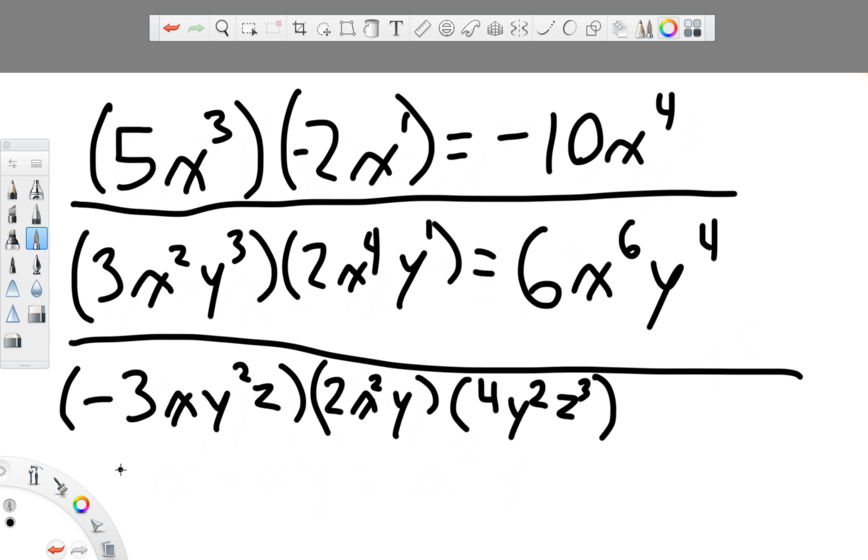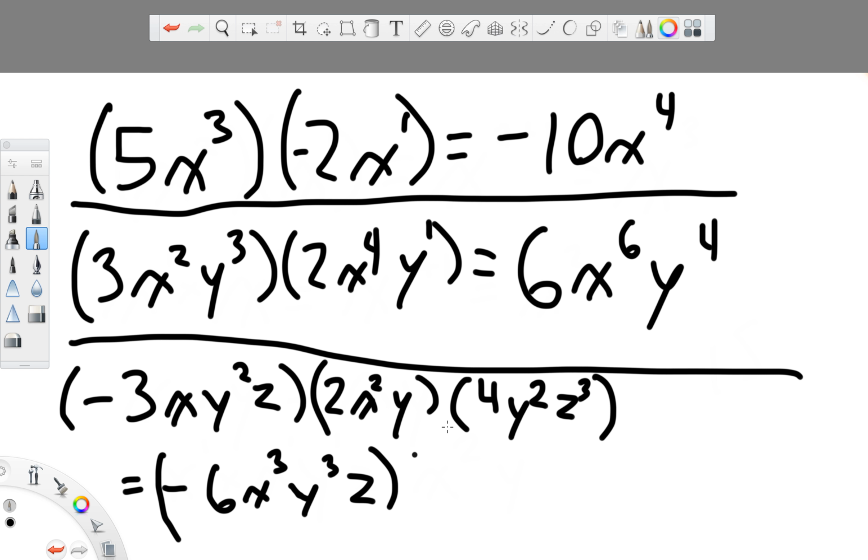This one's definitely longer, so we'll do it in parts. We'll do the first two together, following BEDMAS, the first multiplication. So negative 3 times 2 is negative 6. Then we have x multiplied by x squared. This is the power 1, so 1 plus 2 is 3. And we have y squared multiplied by y, so 2 plus 1 is 3. Then we have z, and there's no other z, so we just keep the z.